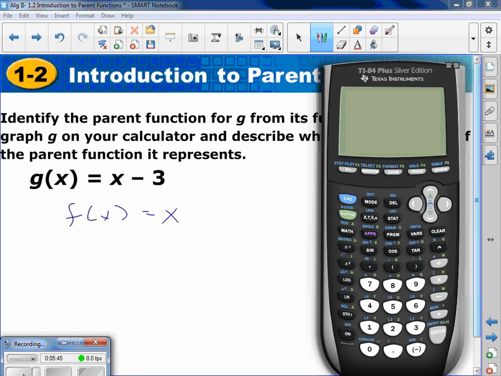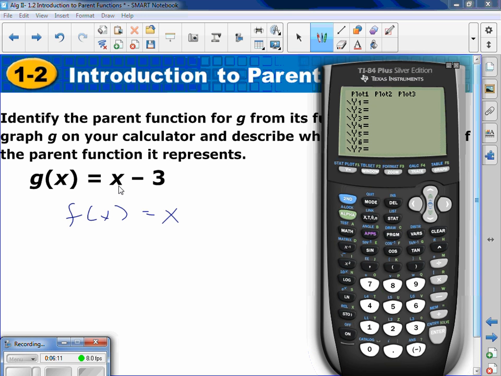Anyone know how to graph? What do I have to hit on a calculator? Y equals. So I press Y equals. You see your list of y's. For y1, we're going to type what we have for g of x.